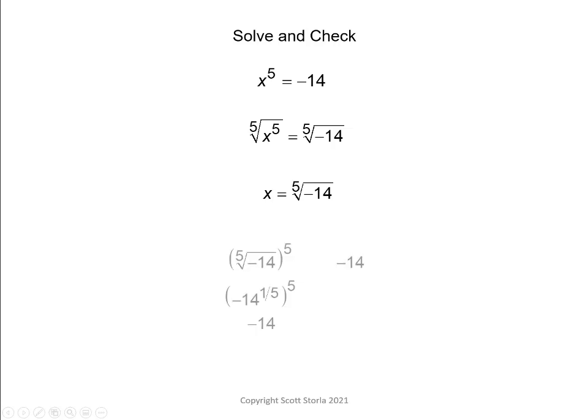Now, to check my work, I'm going to return to the original. I'm going to substitute my answer into parentheses. And then the fifth root of negative 14 can be written this way. And of course, we can multiply by the power rule and get negative 14 with an exponent of 1, which is a match.